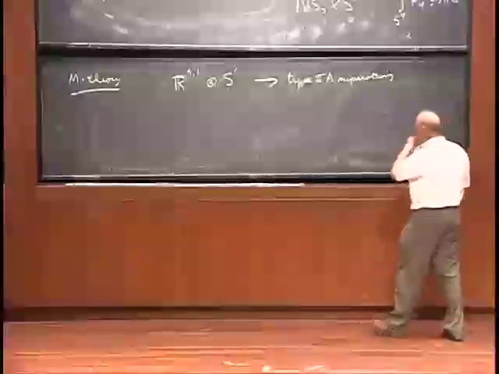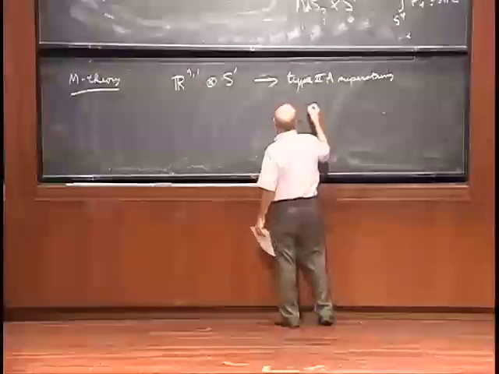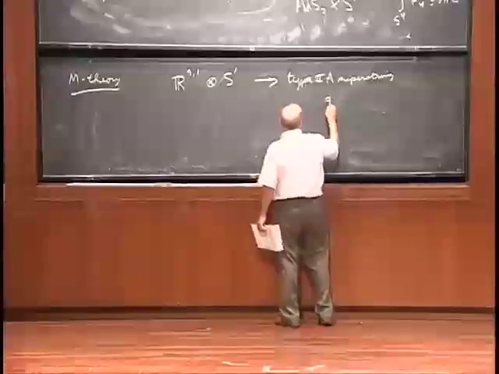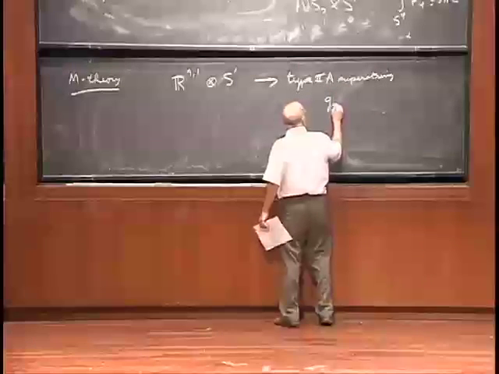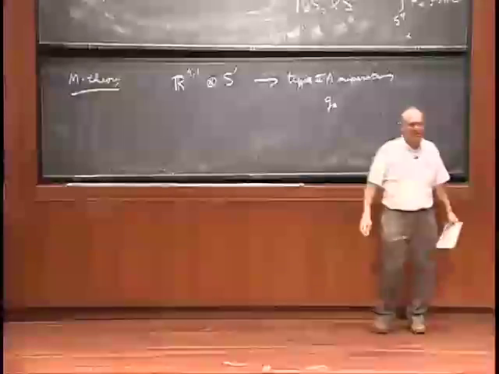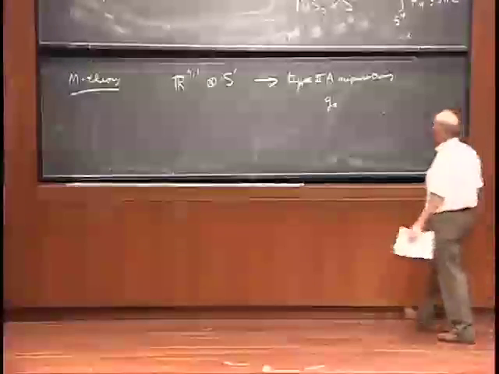And furthermore, there's a relation between certain parameters. So the 11-dimensional type 2A superstring theory has a string coupling constant that's given by the vacuum expectation value of the dilaton field. Anyway, it's just a number.